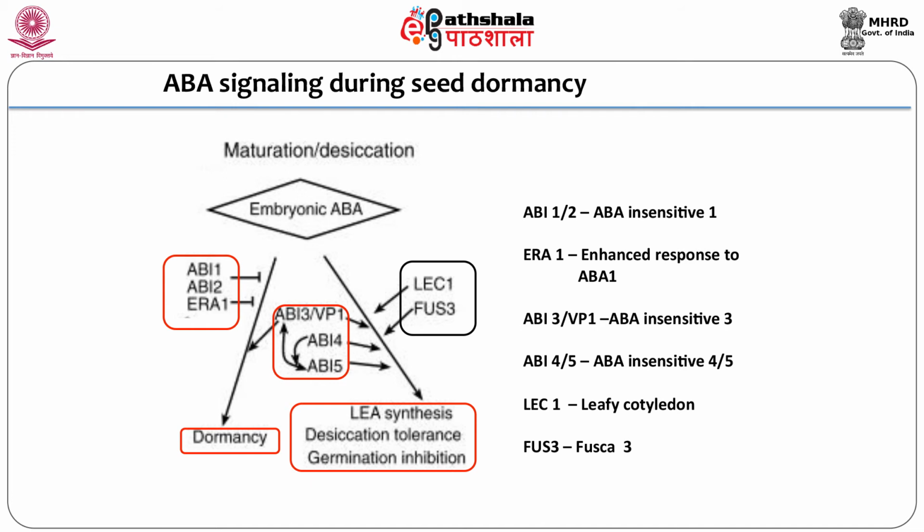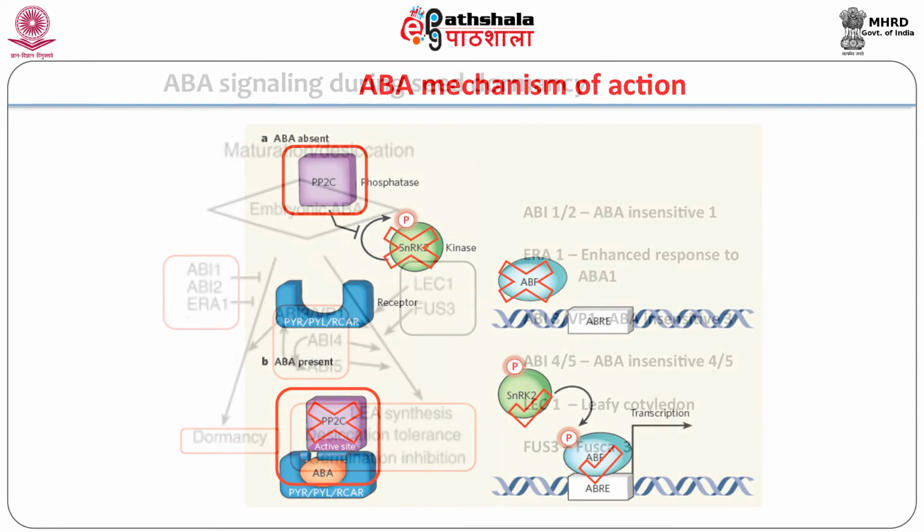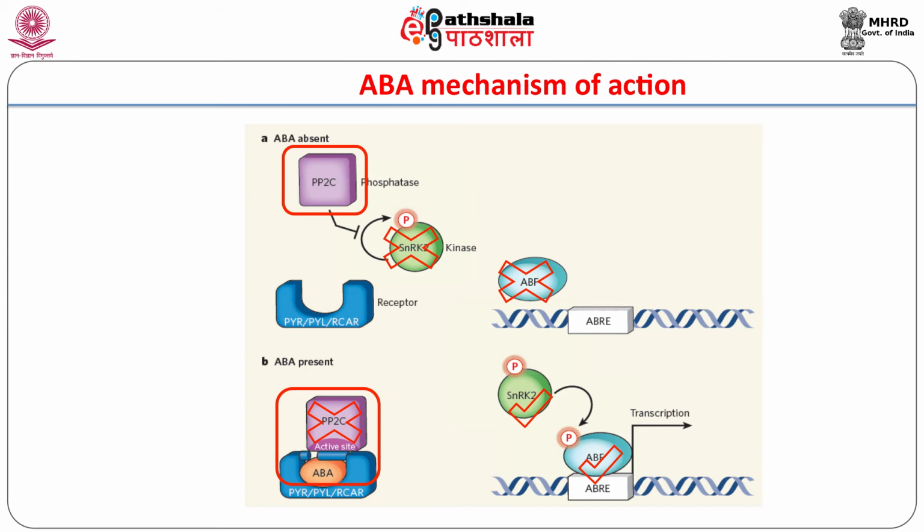How does ABA bring about the effects that we just saw? For doing so, the cell has to perceive and respond to ABA. ABA receptors belong to a family of small proteins called pyrobactin resistance or PYR, or regulatory component of ABA receptor, RCAR proteins.